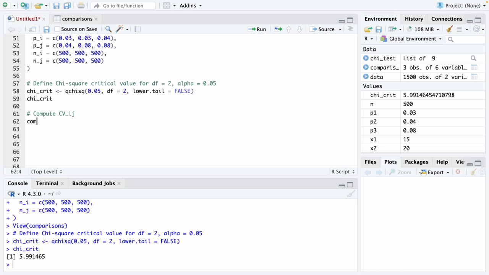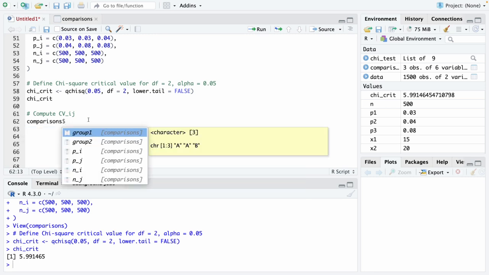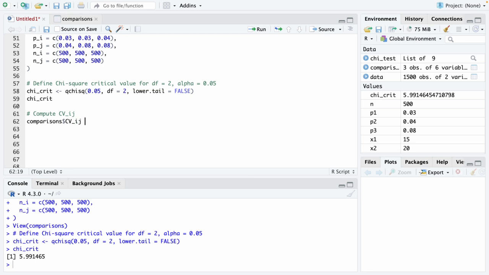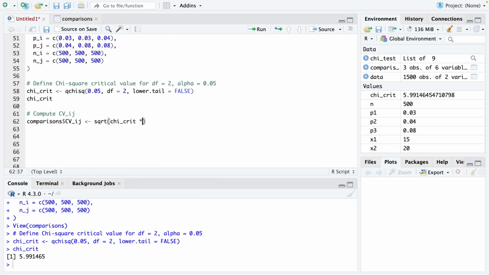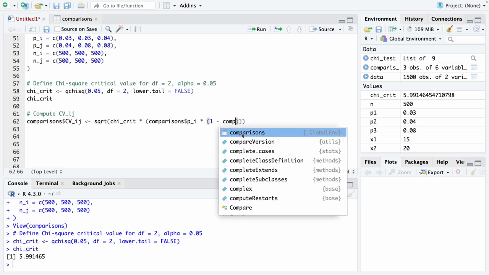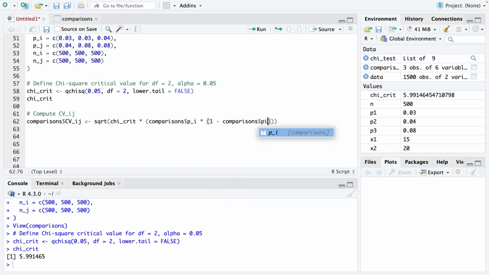So we're just going to create a new column. We'll call it CV underscore IJ. So the square root, which we had in that equation, the chi critical, multiply that by the comparisons of the PI, multiplied by 1 minus comparisons of PI, right?